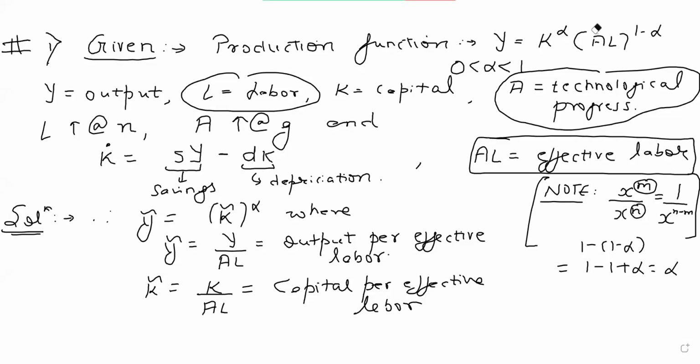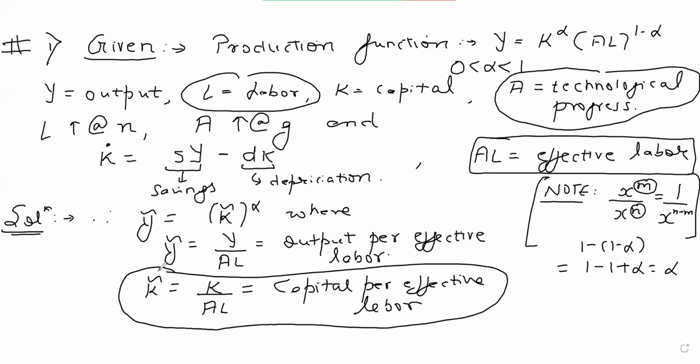Okay, now let's continue towards solving for the steady state, which the question is asking us. So now to solve for the steady state level of capital stock, which equation are we going to choose? Capital per effective labor. Because I want to find the steady state level of capital stock, so I choose capital per effective labor. So let's start with this equation.